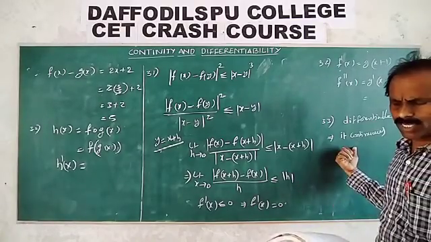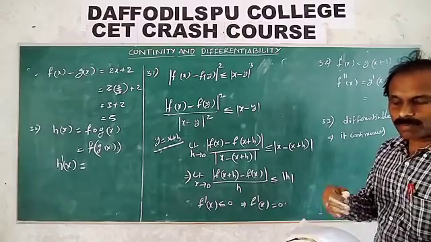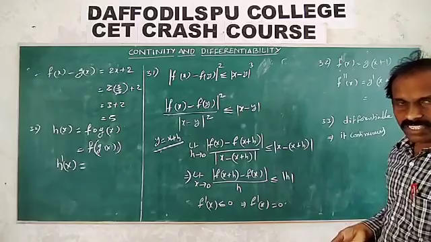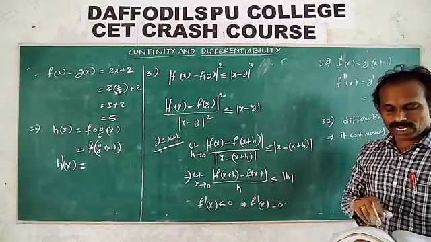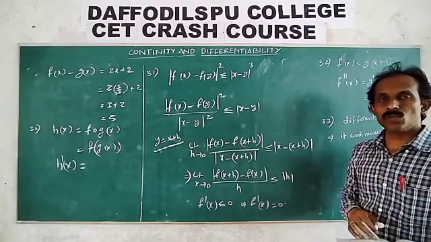So first apply the continuity concept at 3. Directly substitute x as 3 and we will get one equation. Next differentiate with respect to x: k into 1 by root of x plus 1, and the second function m into 2, value 0.